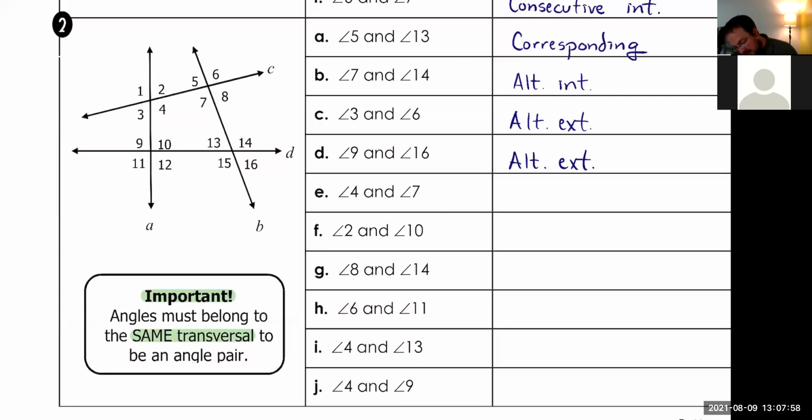Okay. What about 4 and 7? So back to transversal C. Alternate interior. Careful. They are both interior, but they're not alternate. They are consecutive.